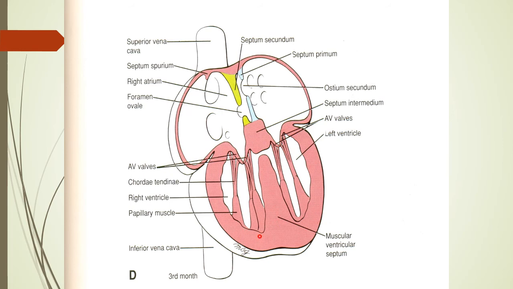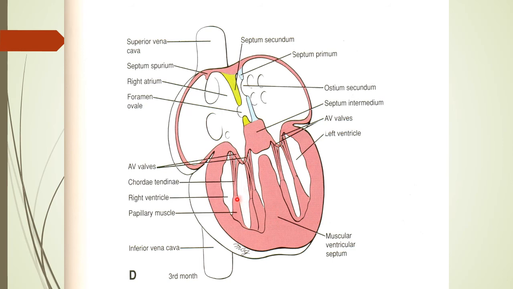This diagram shows the papillary muscles, chordae tendineae, and the cusps of the atrioventricular valves, which we are going to discuss. The atrioventricular valve on the right side has three cusps, that is the tricuspid valve. On the left side, there are two cusps. It is the mitral valve, and these are the trabeculae in the wall of the left and right ventricles.